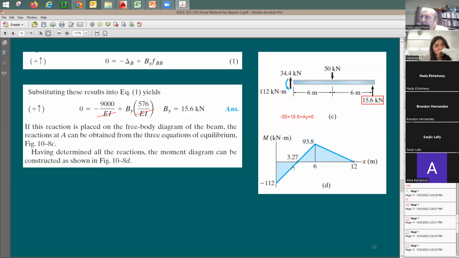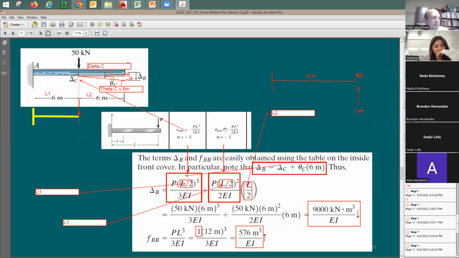Professor? Yes, go ahead. So in this example, when you took the support away, you drew the reaction upwards, but in the example before, when you took away 2 supports, you drew the reactions downward. Is there a reason for that, or is that just a choice? It's a choice. Let's say that by mistake, right at the beginning, I have the wrong estimate.